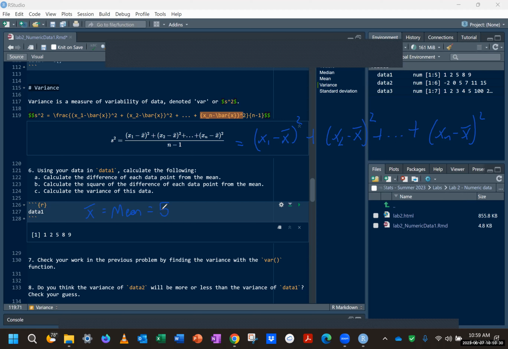Okay, so we would say x1 is 1 minus 5, square it. x2 is 2 minus 5, square it, plus x3.